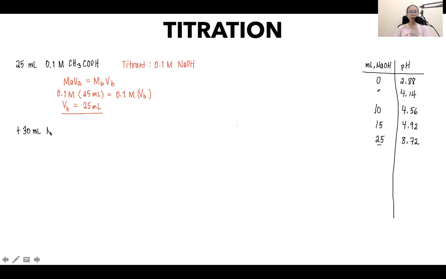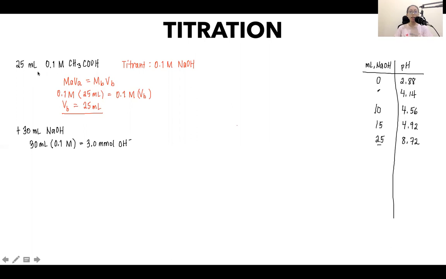In theoretical computations for a titration curve, beyond the equivalence point, the basis for the pH is the remaining hydroxide ions. So what do I mean by that? If we have added a total of 30 mL of the sodium hydroxide solution, then how many millimoles of hydroxide ions do we have? We have 3 millimoles, right?